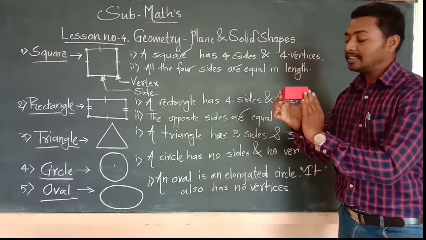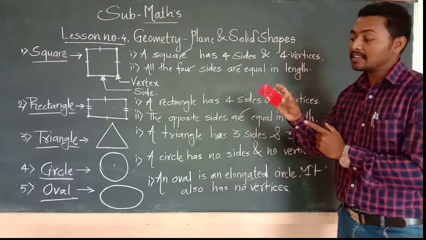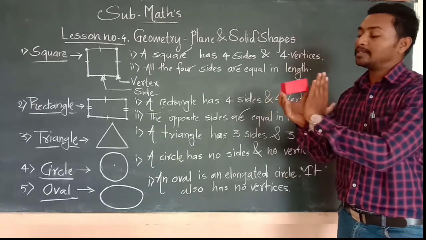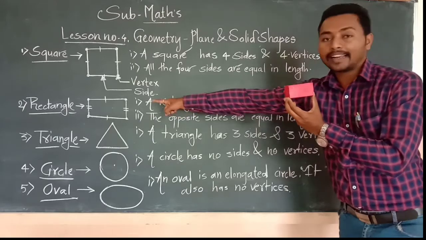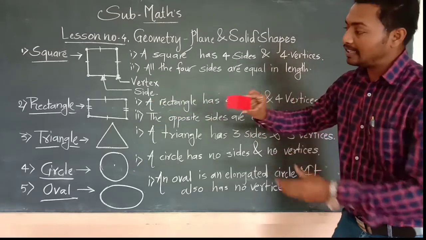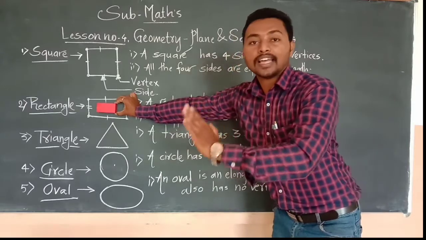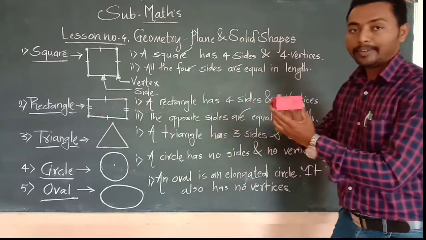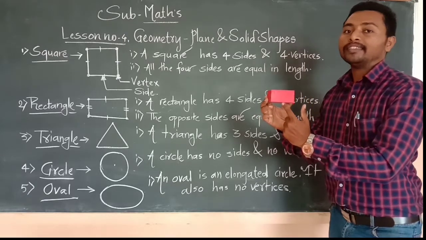That means this is not a rectangle. This is a cuboid. But the front portion looks like a rectangle. I would like to put this rectangle in this picture. Both portions are same. That means opposite sides of rectangle are equal.